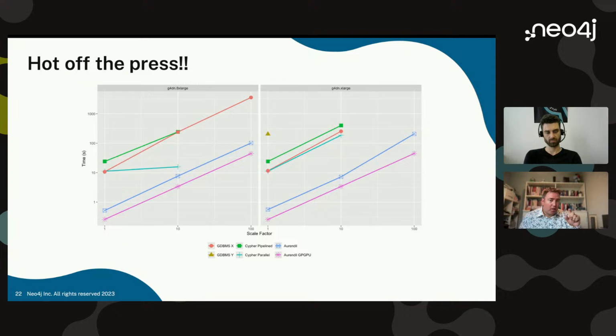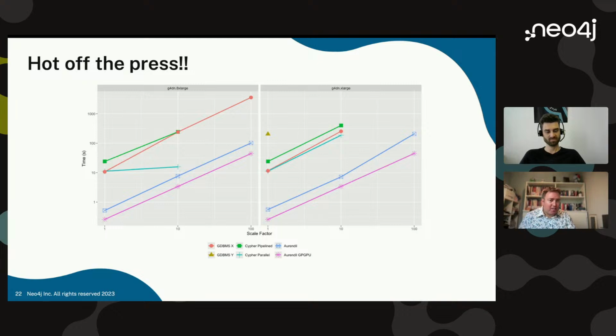That gap between the lines is quite significant. So that's a single thread of Aurendil versus other databases. They can use multiple threads, so they're given the whole machine, and they still can't compete with Aurendil.